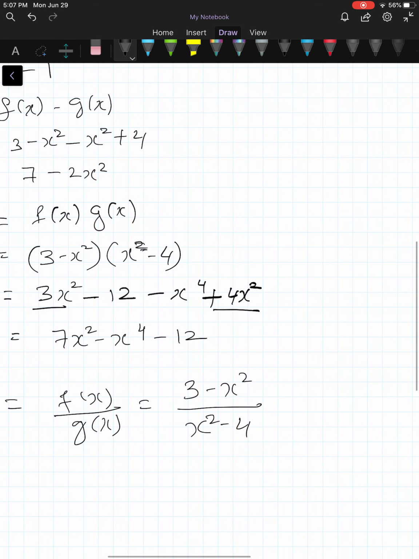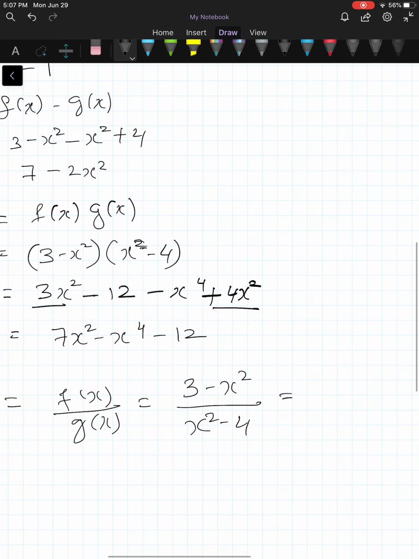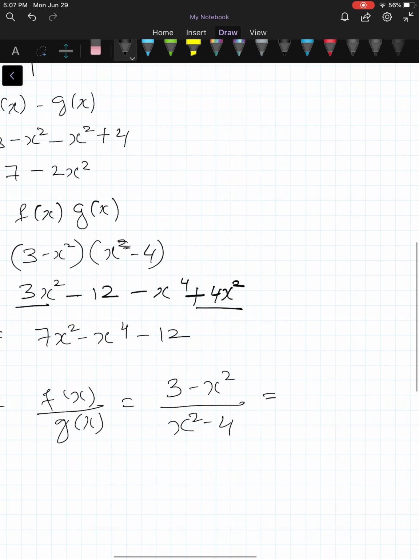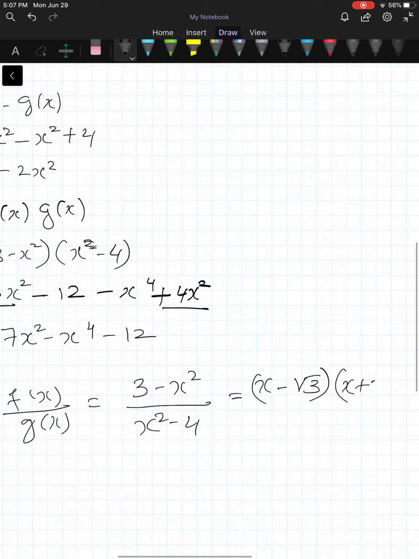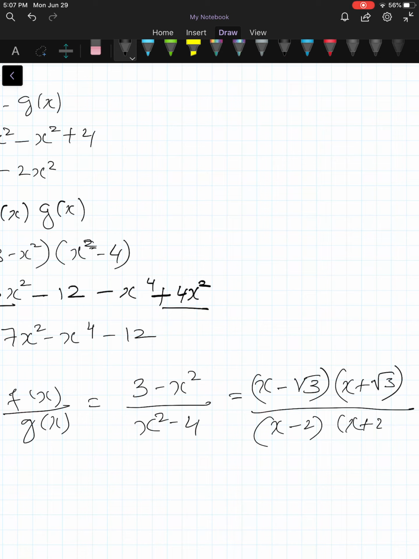If you factorize it, you will get the numerator to be x minus square root of 3 times x plus square root of 3, divided by x minus 2 times x plus 2.